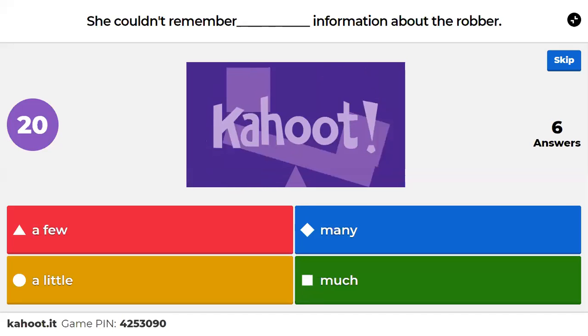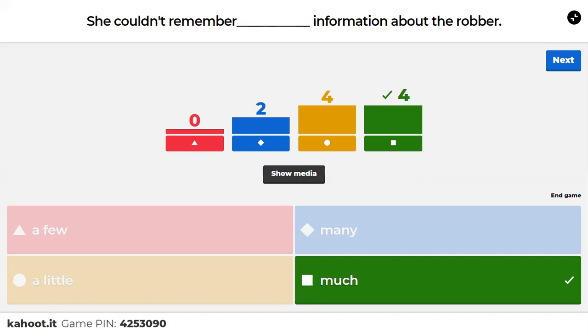Okay, here we have she couldn't remember a little information or much information. In this case, because the sentence is in the negative, that is why we say not much, right? If the sentence was positive, then we would say a little. There's a little information about the website. There's not much information, right? So with negative sentences, we use much, and with positive sentences, we use a little.